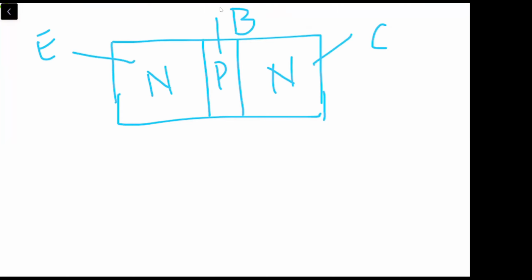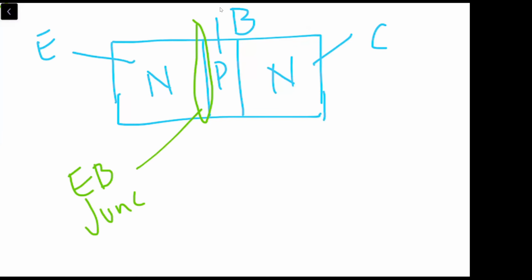So to have the normal operation of the transistor, as you can see, there are two junctions. One is the junction in between emitter and base, which we call the emitter base junction, right?